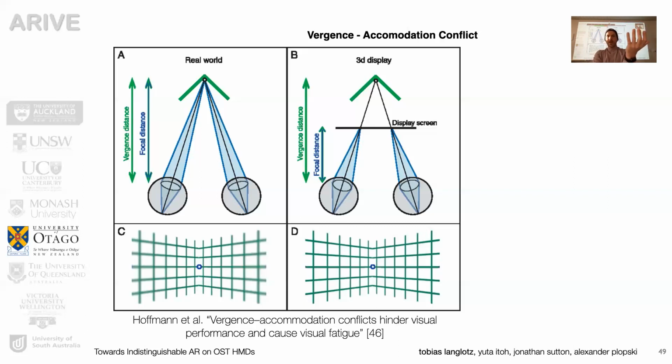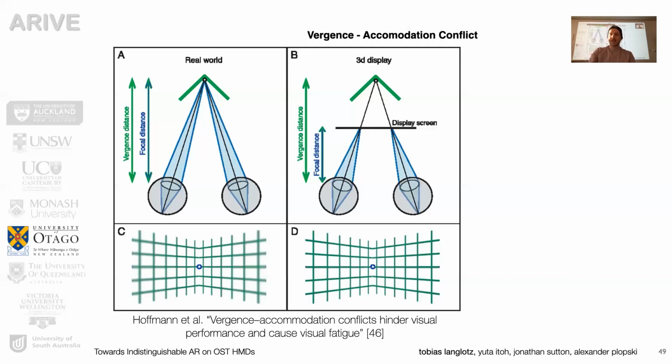So if I hold this virtual apple in my hand, vergence is on something 1 meter away in my hand, but focus is on something 5 to 7 meters away, further than the vergence. And this is often called the vergence accommodation conflict.